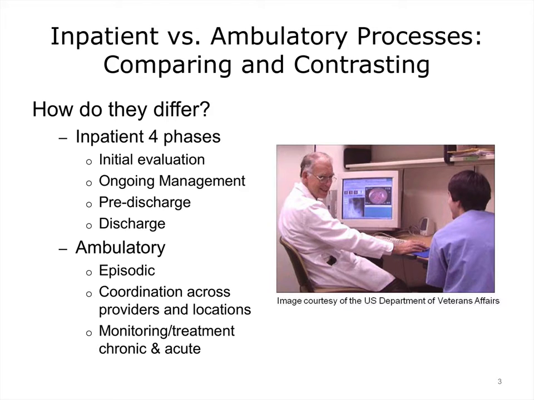The ambulatory care process differs in that it is episodic, may require coordination among providers at different locations using different records, and may address the monitoring and treatment of ongoing chronic conditions in addition to the acute ones. So each of these encounter types requires that HIT be applied in different ways, but fundamentally there is still much in common.